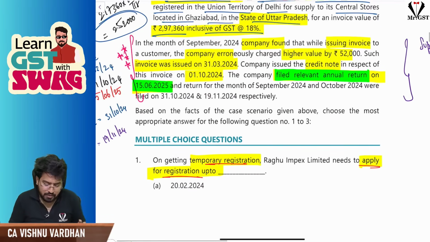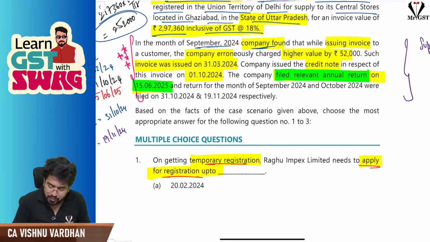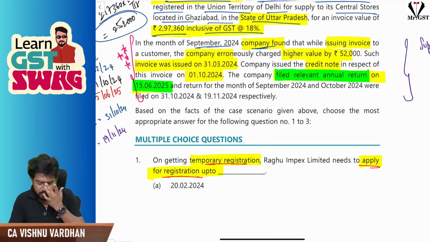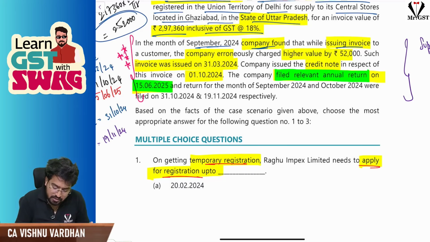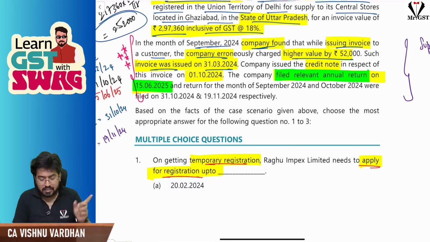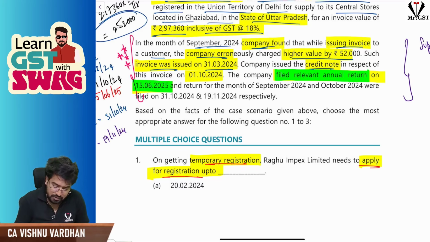Next, if you see, in September 2024 the company found that an invoice to a customer was erroneously charged higher by 52,000, and that invoice was issued on 31st March 2024, and the company issued a credit note for this on 1st October 2024.